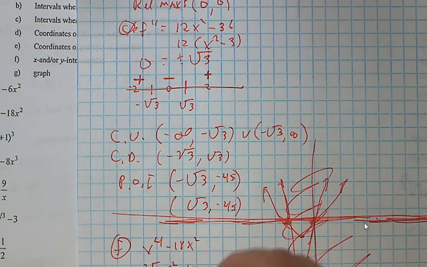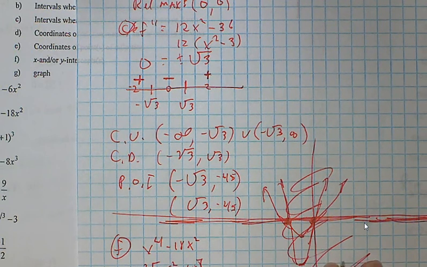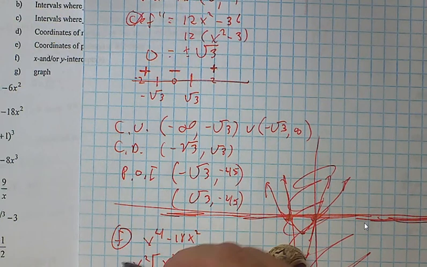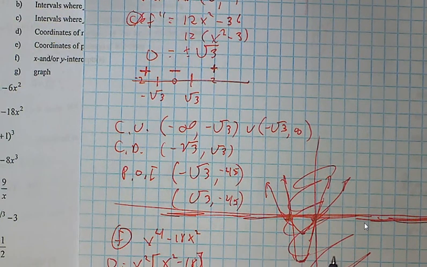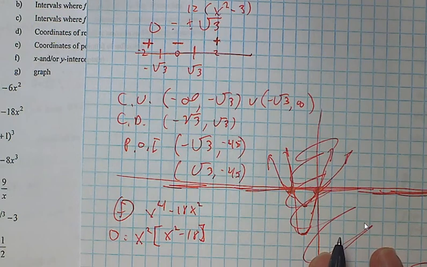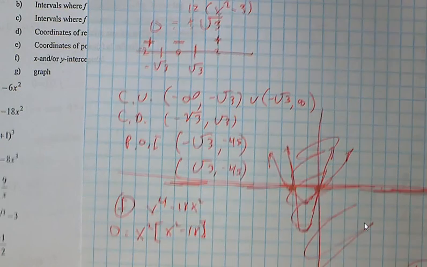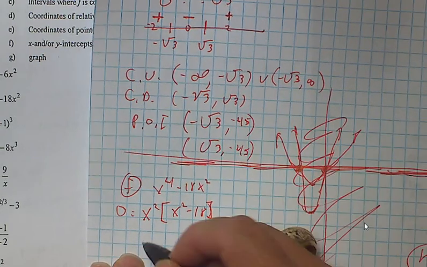And so his x-intercepts are going to be 0 and plus or minus 3 square root of 2, plus or minus square root of 18, which is 3 square roots of 2.